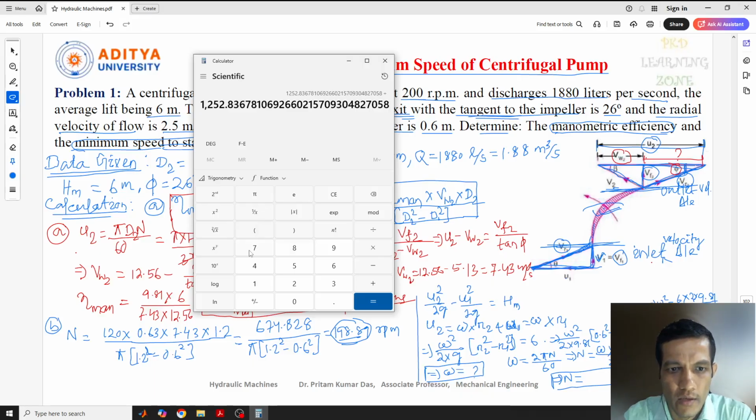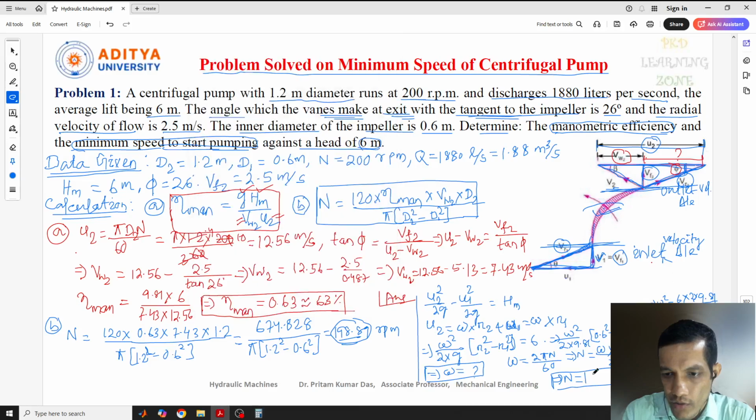So divided by 2 pi only, so we get 199.39 rpm. By the previous method we got 198.9, that means about 199 rpm.